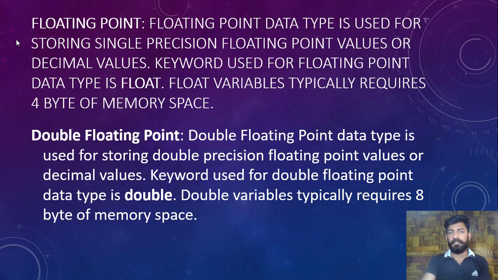Then what is the difference between floating point and double floating point? Floating point takes a small decimal value, like up to 2 decimal places, and double floating point takes greater decimal values. Okay, it may be up to 4 decimal points, or more than 4.